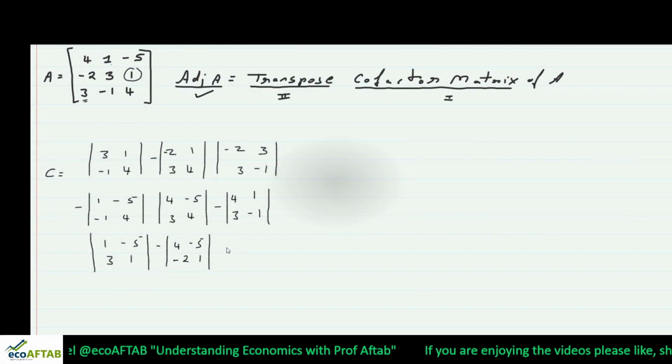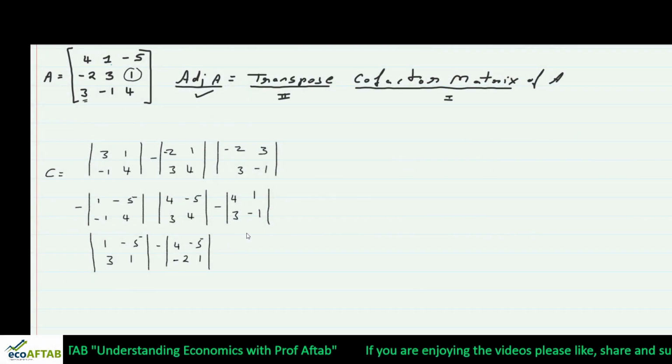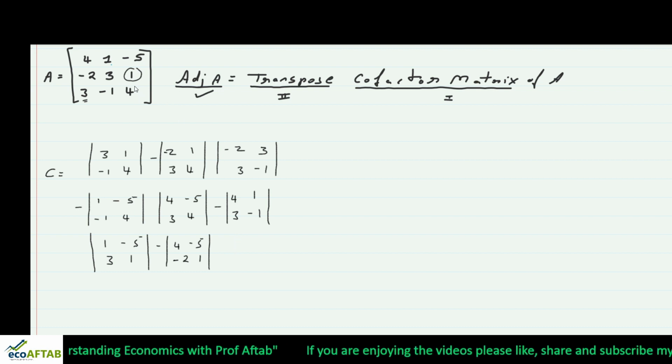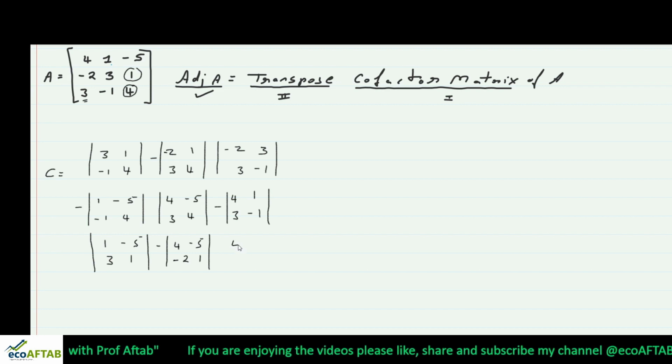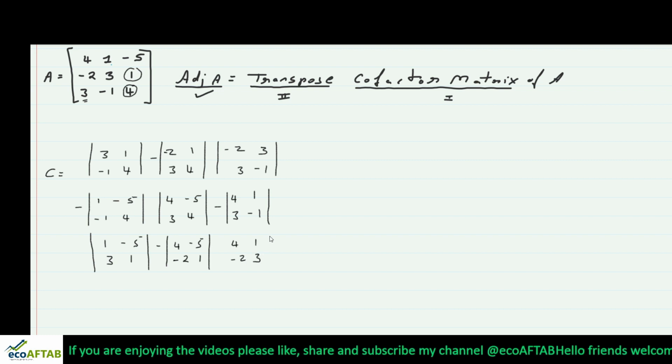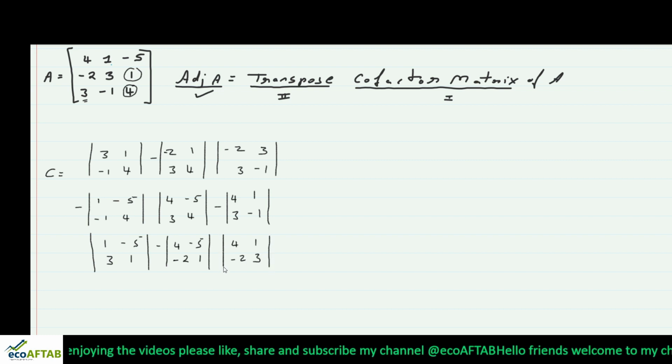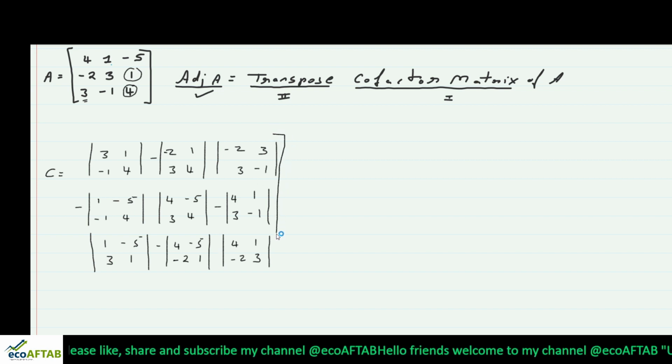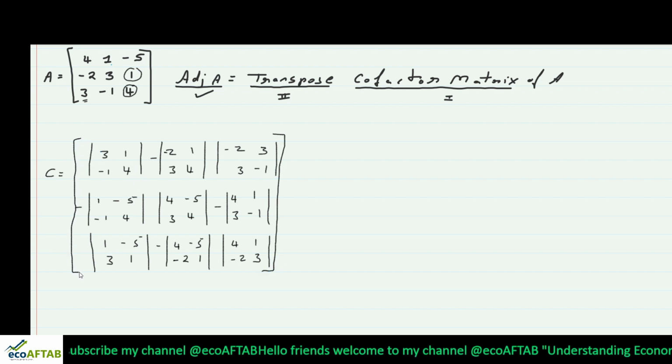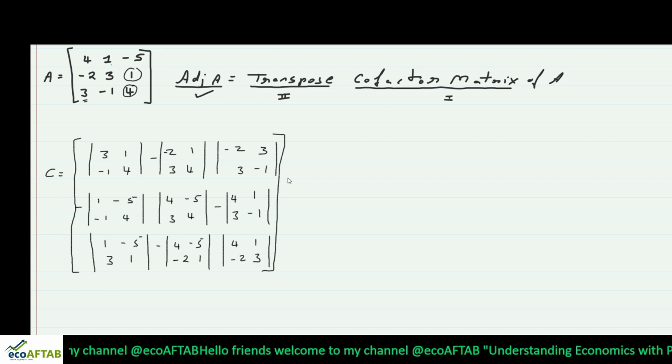I am taking the minor of element 4, and here we can see this is our element 4: 4, 1, minus 2, 3. So this becomes our cofactor matrix. Now once we have got this, our next step is to solve it.